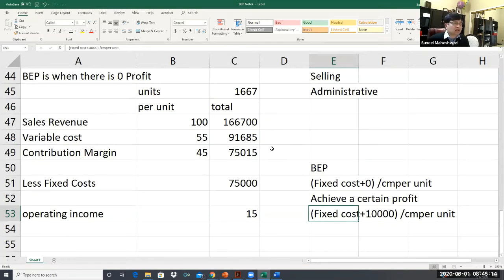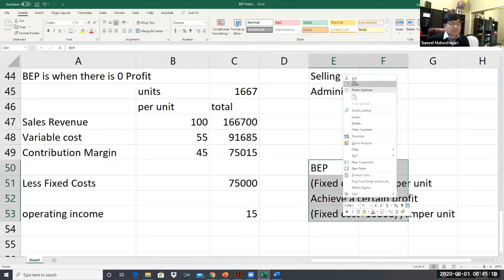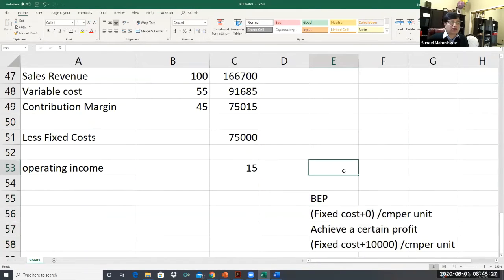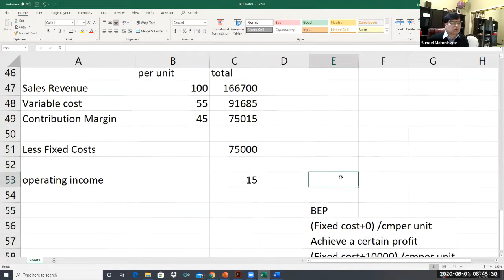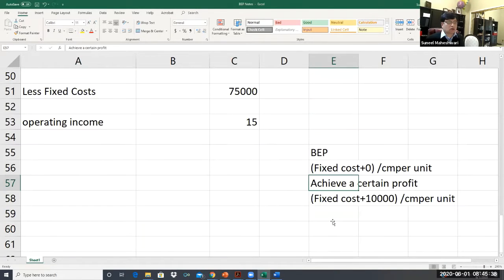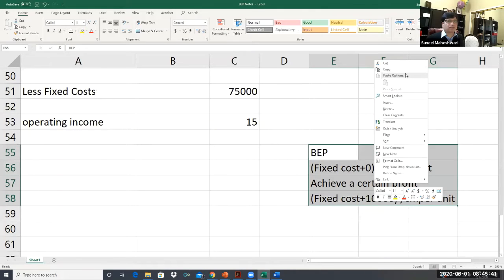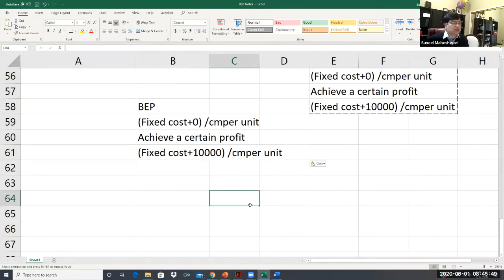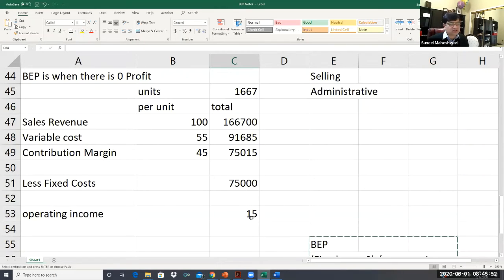Now, in this case, we have the break-even point in units. Suppose we want the break-even point in dollar sales.